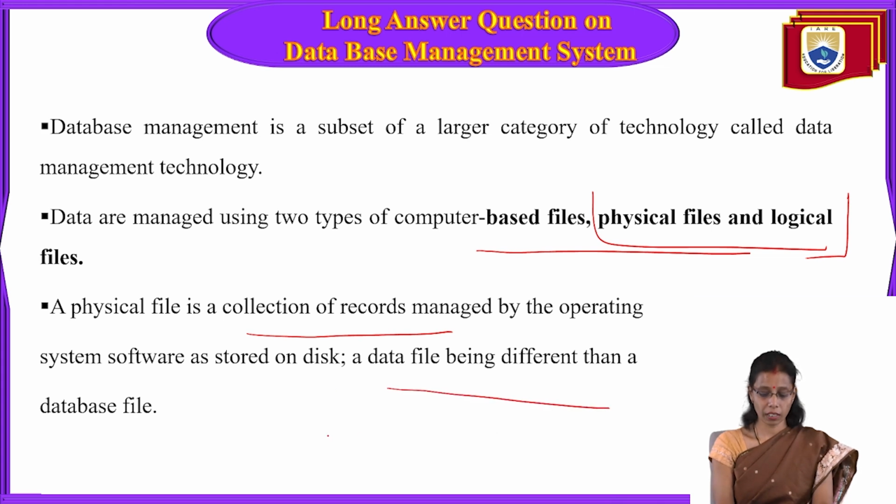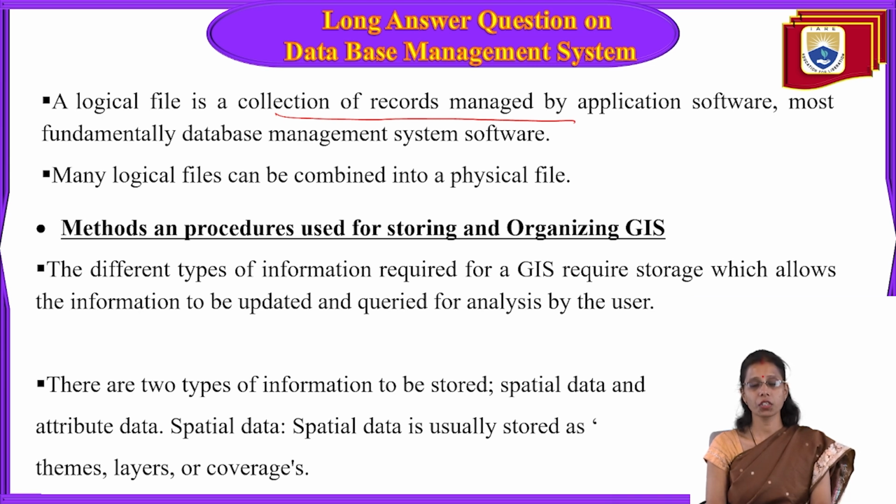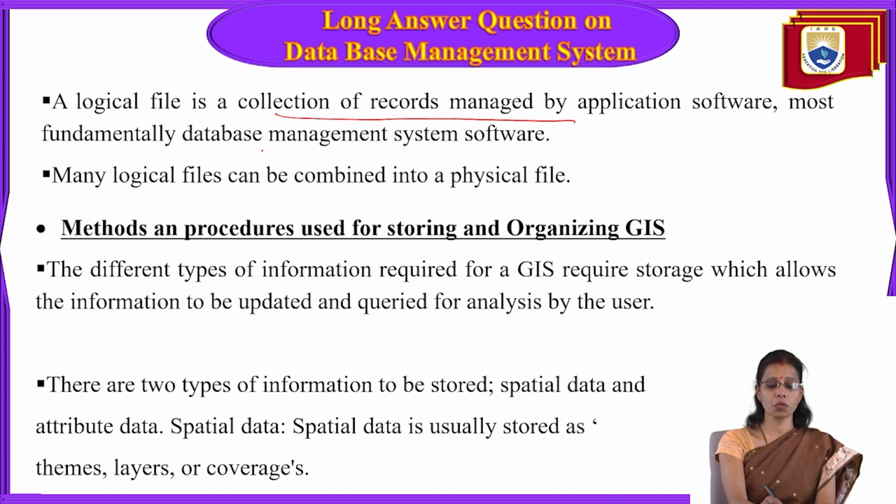A data file is different from a database file. Now, a logical file is a collection of records managed by the application software, more fundamentally database management system software. So a logical file is a collection of files which is managed by the application software, and here fundamentally database management system software.